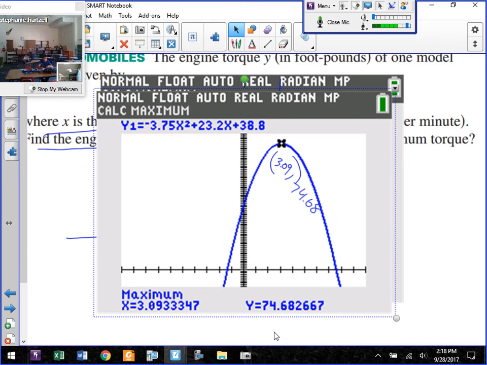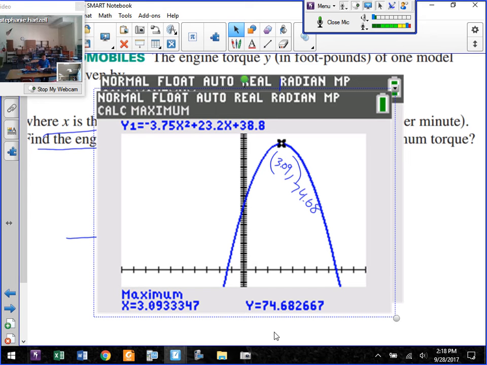Now, RPM is in the thousands, so that means that at 3,093 RPMs of vroom vroom, you are generating 74.68 foot-pounds of torque to make your vehicle move. That's what that means.